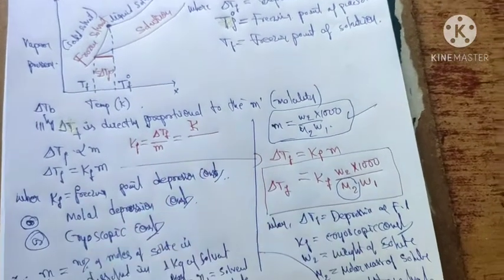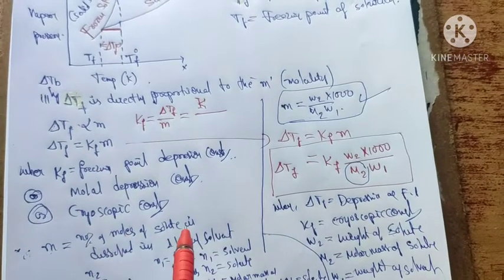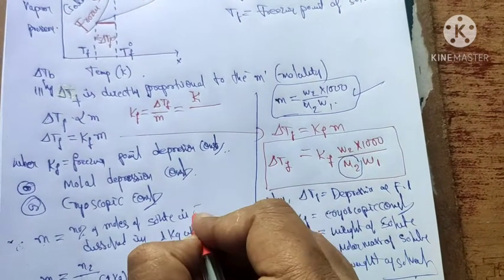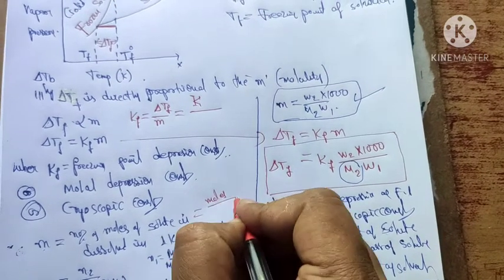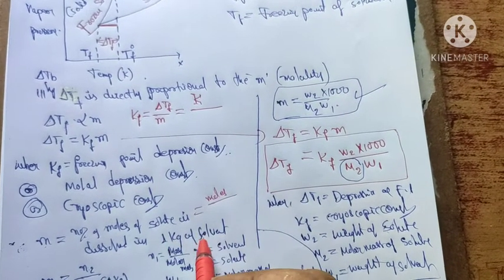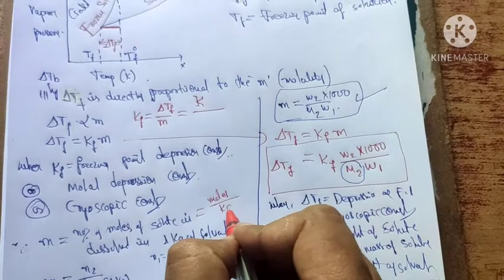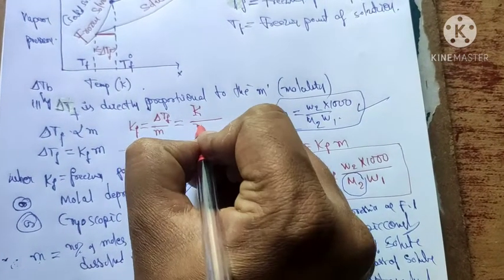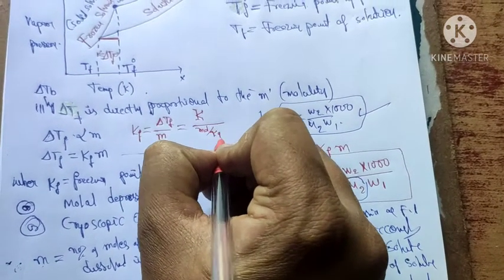Molality means the number of moles of solute dissolved in 1 kg of solvent, that is mole by kg.